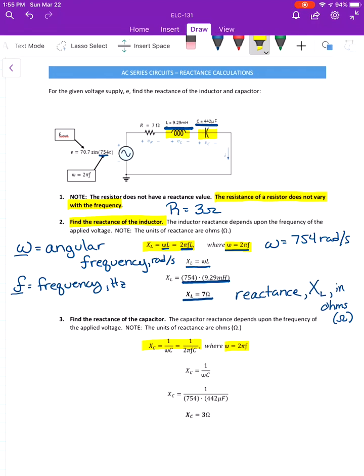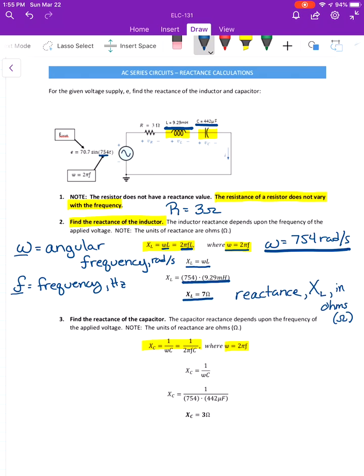Since we have that omega is 754 radians per second, we're going to use that equation. Here, we substitute our 754 radians per second times 442 microfarads into our equation, and we see that X sub C, or the reactance of the capacitor, is 3 ohms.